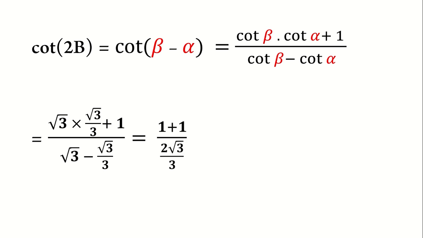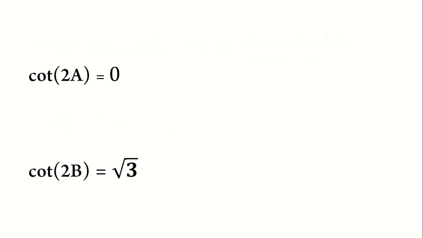So we have on the numerator 1 plus 1 and on the denominator 2 times radical 3 over 3. By simplifying this term, we reach radical 3. So the cotangent of 2a and cotangent of 2b are respectively 0 and radical 3.